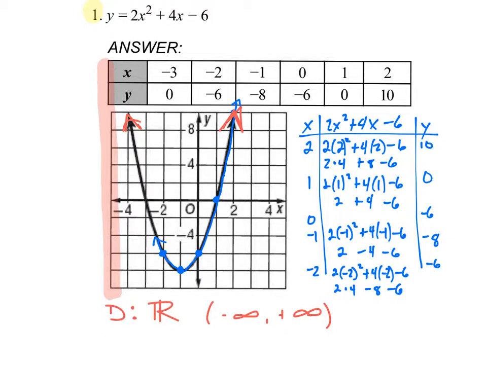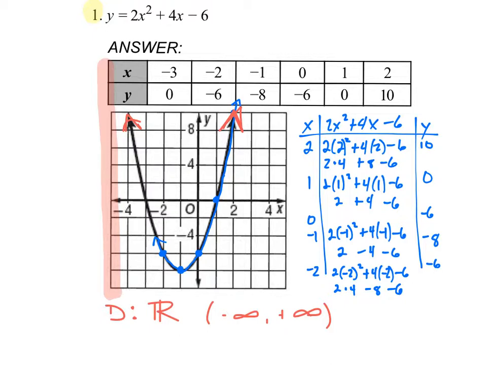There's not much that we do right now that changes the fact that my domain is all real numbers. Range, on the other hand, will change. Yes? On the test, will you have to write the infinity signs? I will be expecting on the test that you can give me this new version. This is called interval notation.